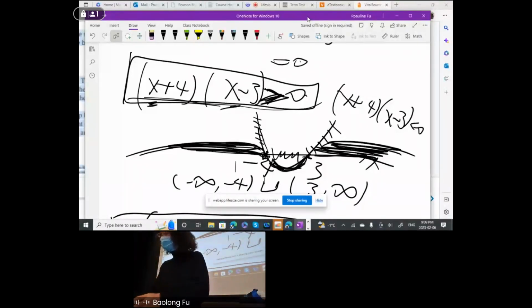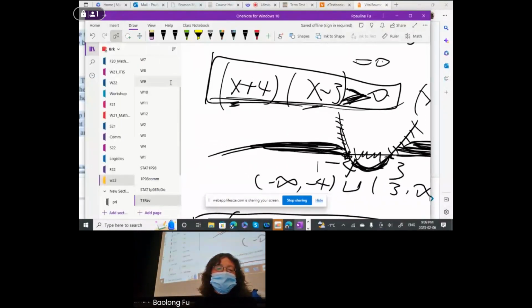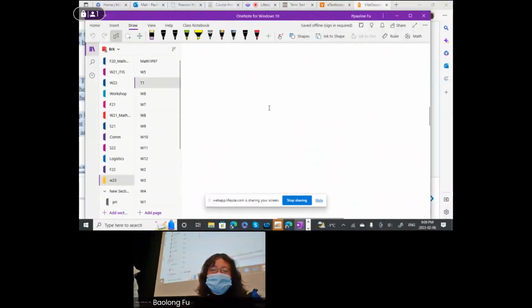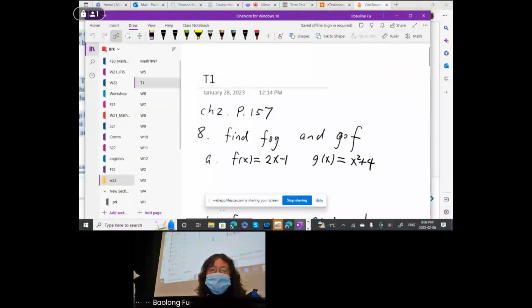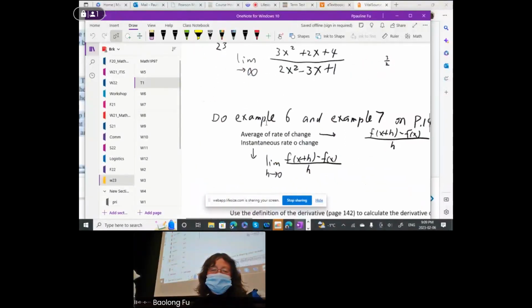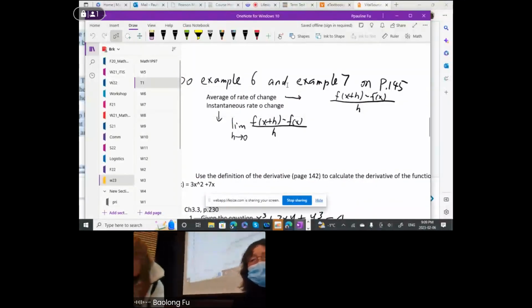That makes more sense. And then you also said there are 2 textbook questions we should do. Could I write this down? Sure. This is page number, example 6 and example 7 on page 145.